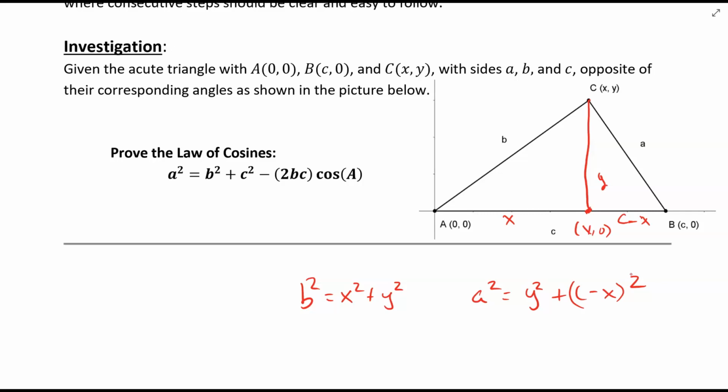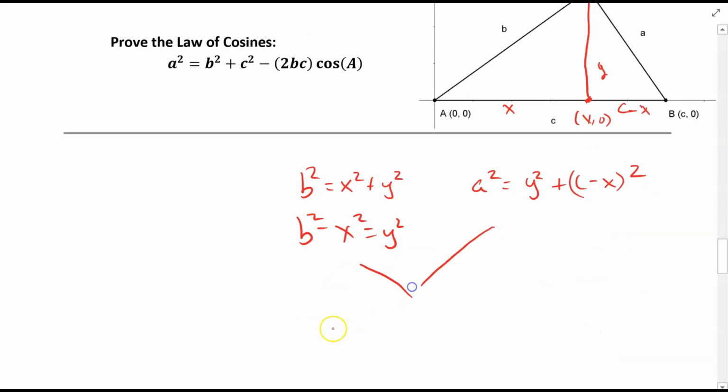So let's get the y squared isolated in at least one of these two equations, and then substitute that into the other. Everybody okay there?